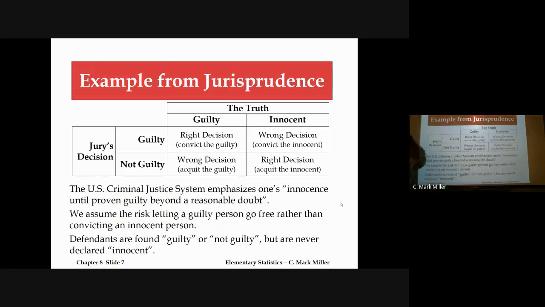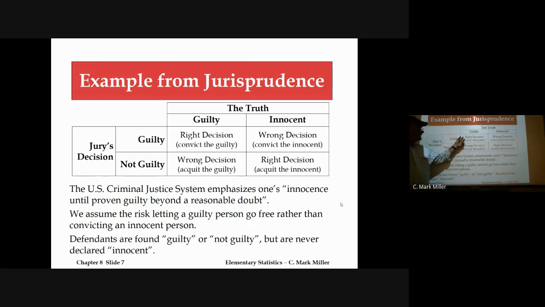Now, we have a trial, and the trial is going to find him either guilty or not guilty. See how that works? So there's what really happened, true or false, and then how the trial comes out. Now watch.